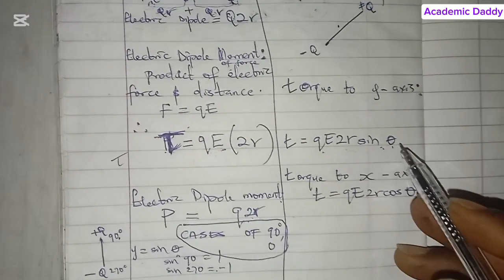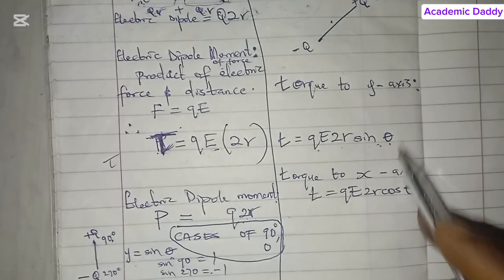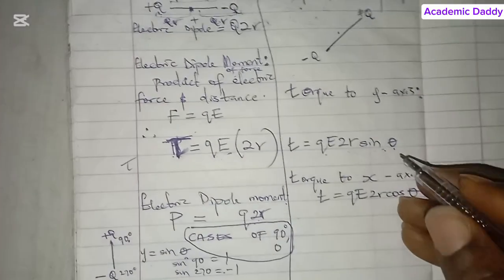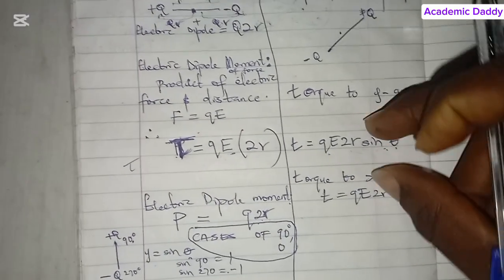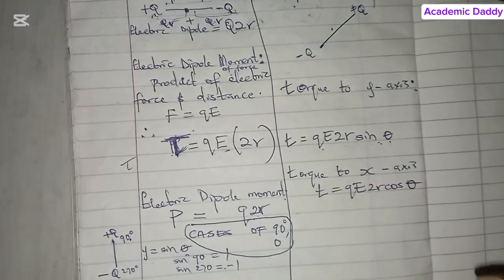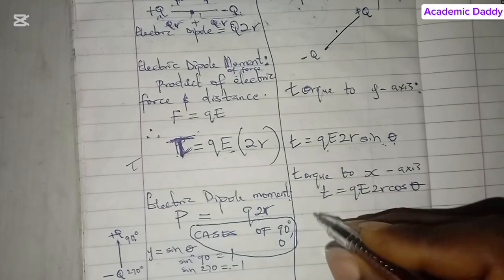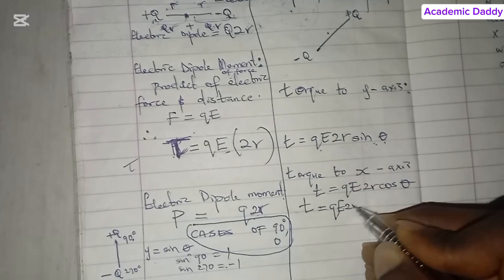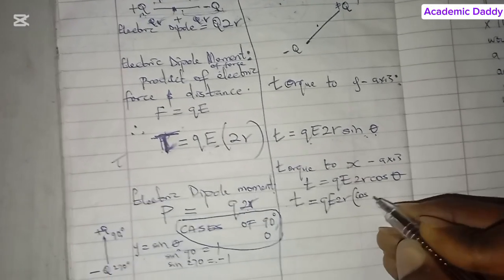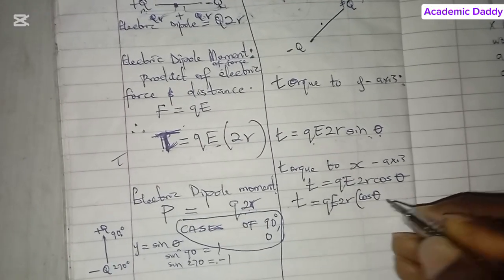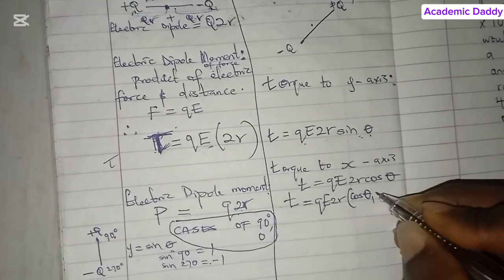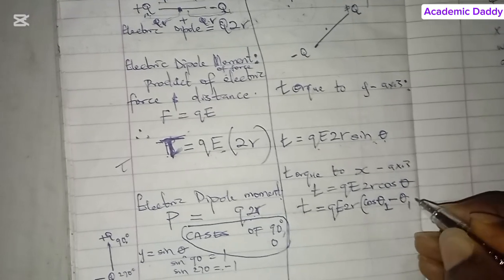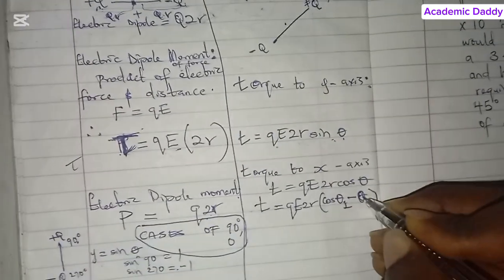And notice, this theta that we are saying is simply when we are taking it that it is final. So we can have a situation whereby we have this moving from one point to the other. It doesn't fall at exactly 90. It falls in between, changing from one angle to another. So I can have torque equals QE 2R cos initial theta, that is theta 1, or theta 2 minus theta 1 cos theta 1. Good.